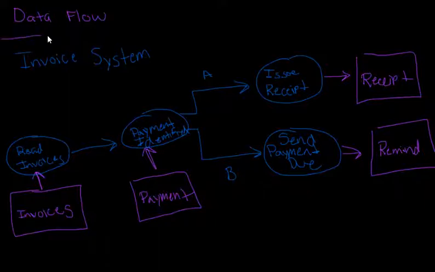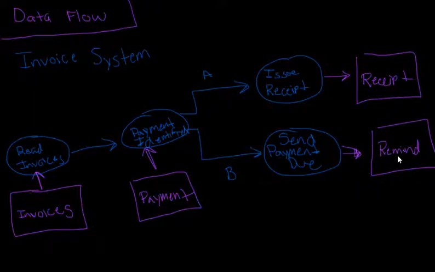So in a nutshell, that's this data flow model for an invoice system. We generate our invoice, and then from that invoice, we can validate a payment. So if the payment doesn't completely fulfill what's on the invoice, then we have to send them a payment reminder like, hey, your payment is past due. Please pay back the company what you owe them.